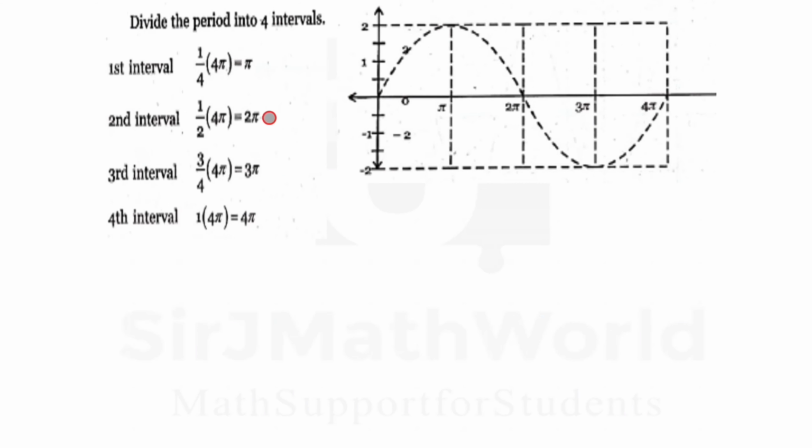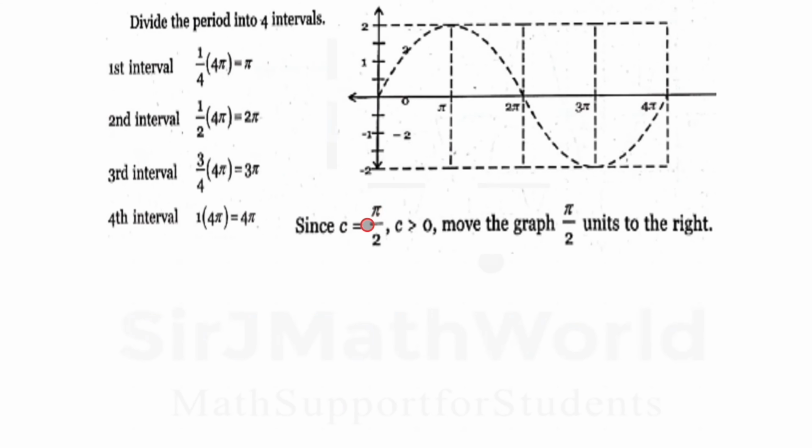Then this is our first interval. In the regular form, this will be the graph of sine. Since our given has a pi over 2, where c is greater than 0, we have to move the graph pi over 2 units to the right.